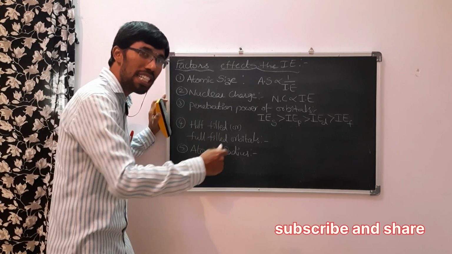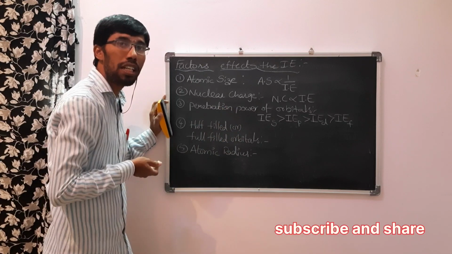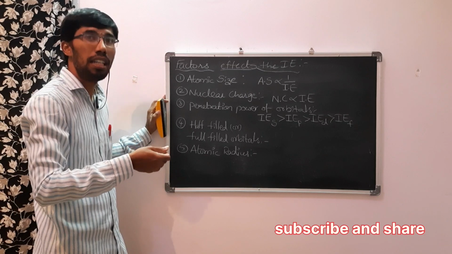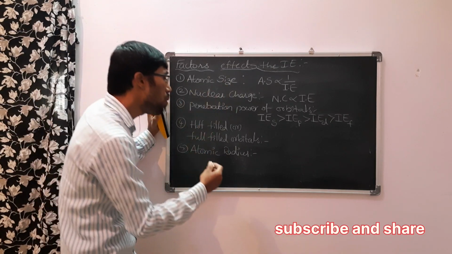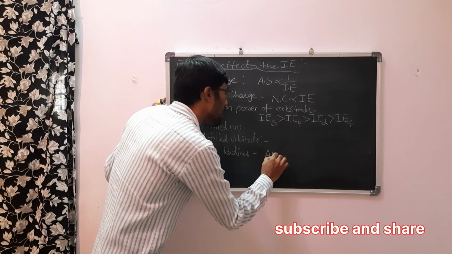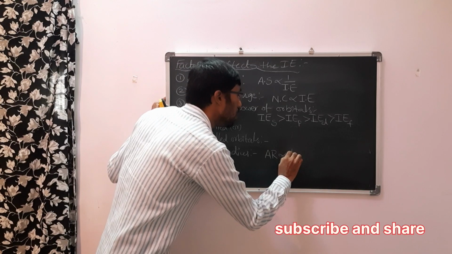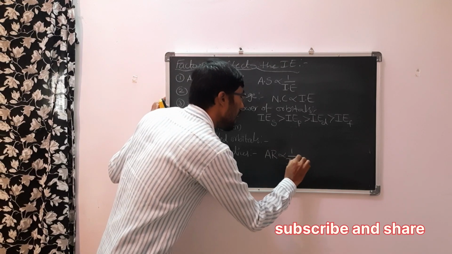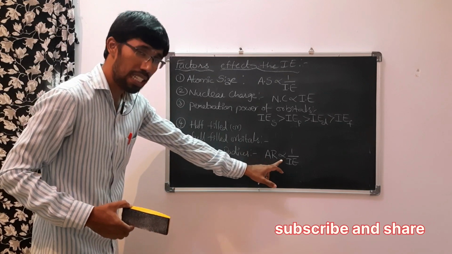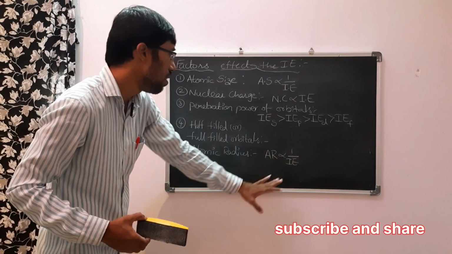If atomic radius increases, ionization energy decreases, because the nuclear attractive forces on the outermost valency electrons decrease. So atomic radius is inversely proportional to ionization energy.